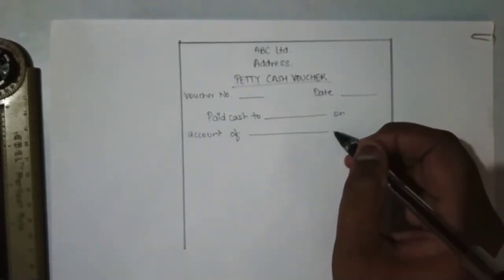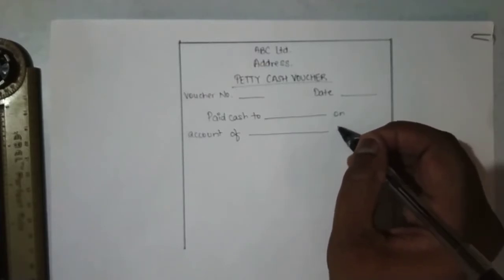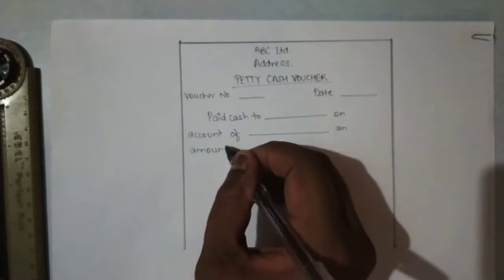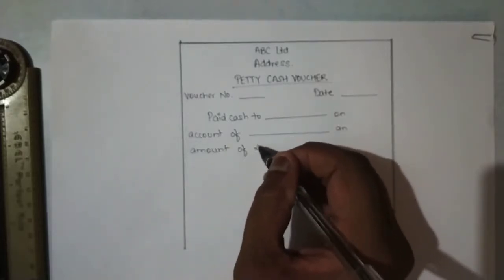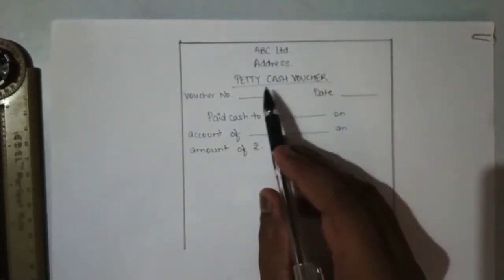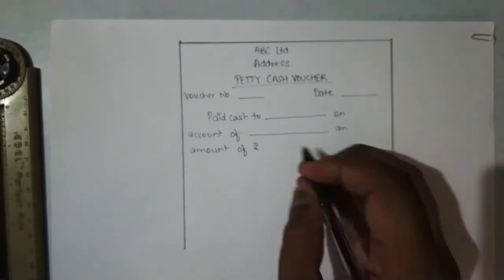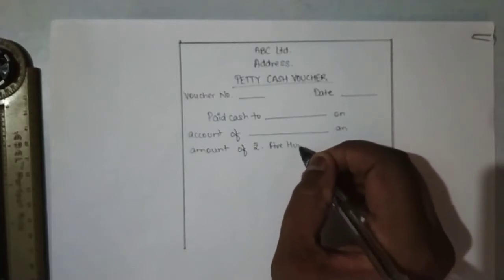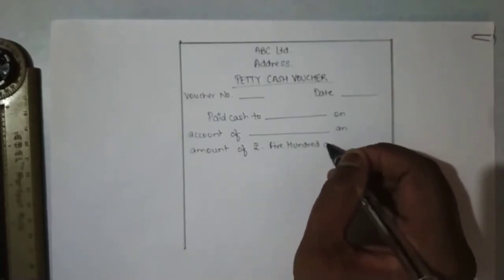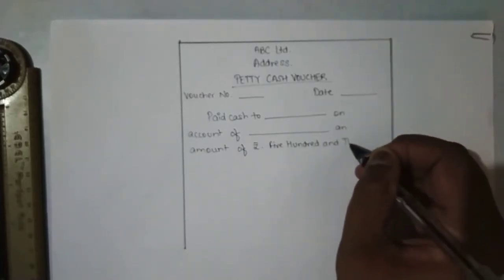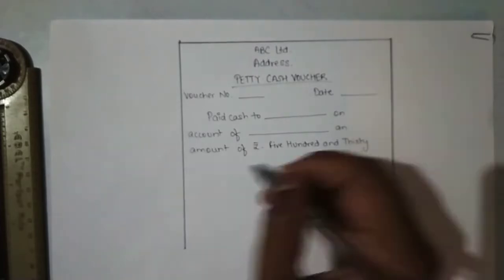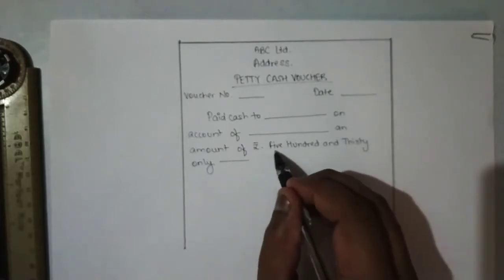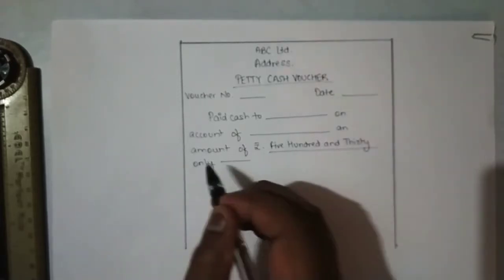Here I am going to write the purpose, an amount of rupees. Now this is a petty cash voucher, so I am going to take a small amount like 530 only. Again, this amount should be underlined.